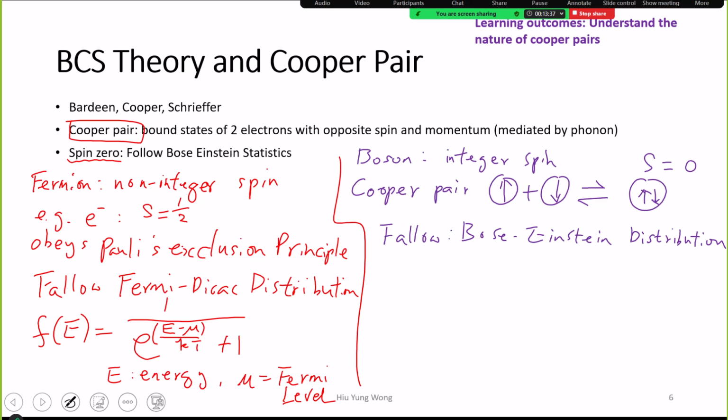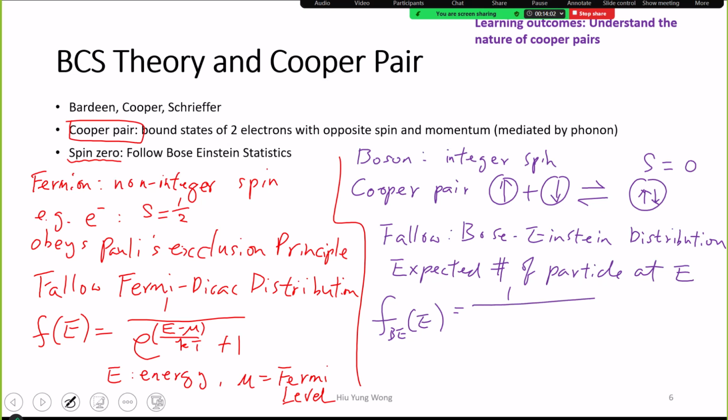So what does it follow then? It says that the expected number of particles at energy E, I just call it F_BE of E, equals 1 over, it is almost the same, e to the power of (E minus mu) divided by kT, but minus 1 instead of plus 1.